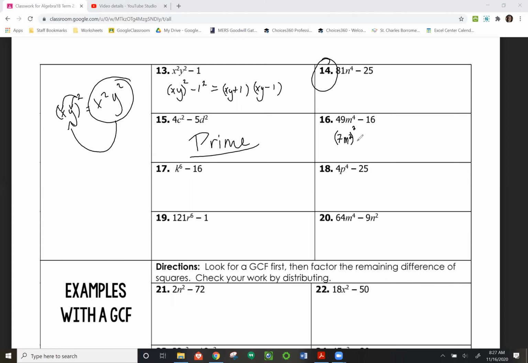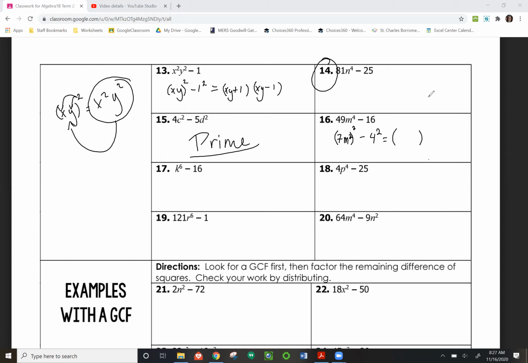So I rewrote it. What I did was I did your exponent rule in reverse. When you have an exponent raised to another exponent, you multiply them together, right? So I rewrote it so that I pulled it out. So I know that my base is 7m squared, minus 16, which is the same as 4 squared.